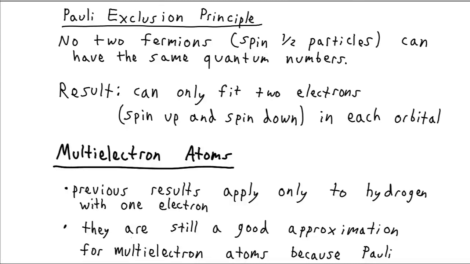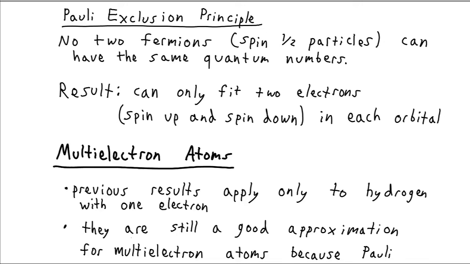This becomes very important when we consider multi-electron atoms, so larger atoms in the periodic table. Now the results that we've come up with only apply to hydrogen with 1 electron. And it becomes very difficult to solve that Schrodinger wave equation for anything other than hydrogen.